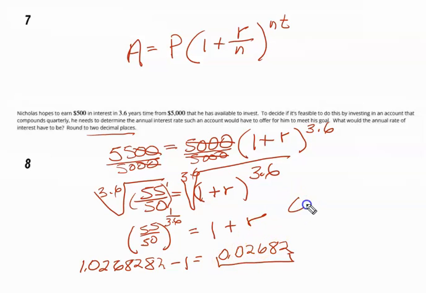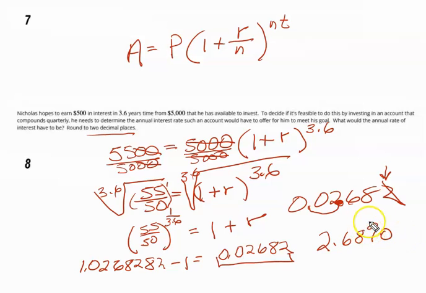So I'll put it up here, 0.02682. Now to convert it to a percent, I move it over 2 places. And then to round our decimal in 2 places, I look at what's in my third, which is a 2. So I'll just drop it. So the answer to number 8 then is 2.68%.